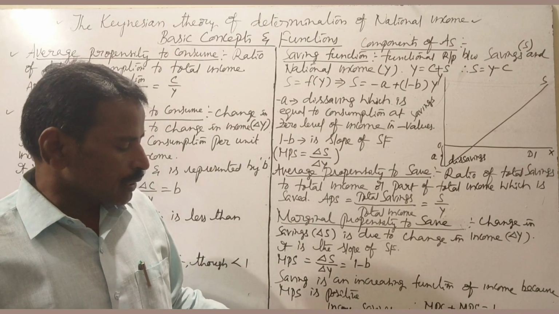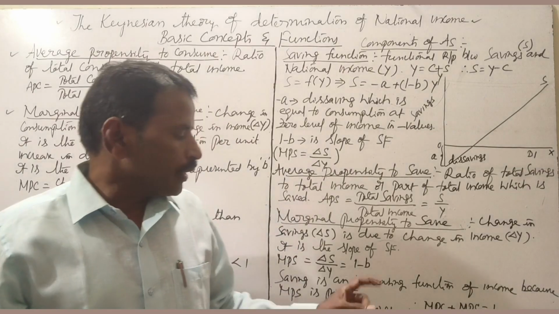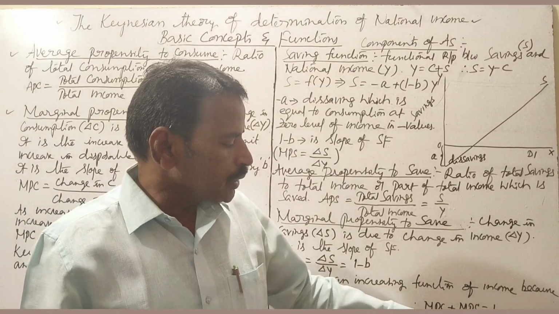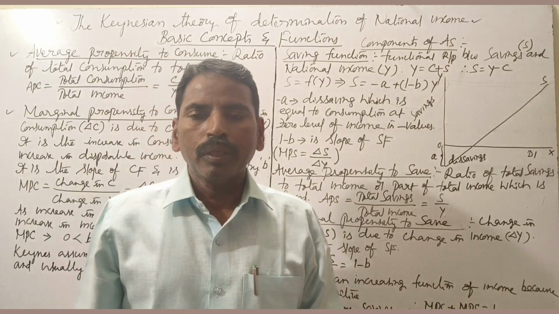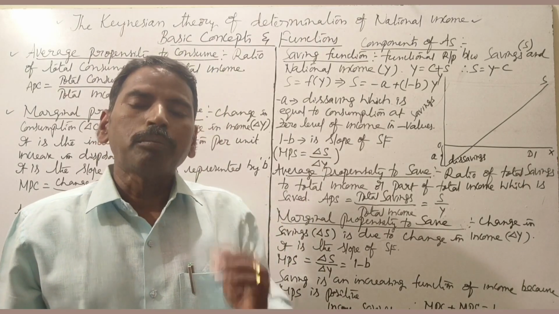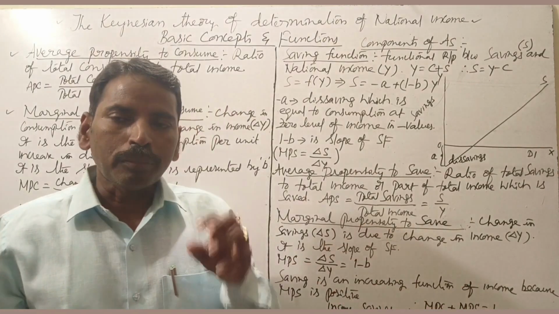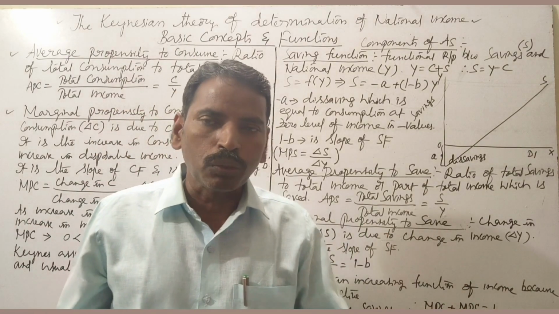If income increases, savings also increases. Here, MPC plus MPS is equal to 1. Marginal propensity to consume plus marginal propensity to save is equal to 1.